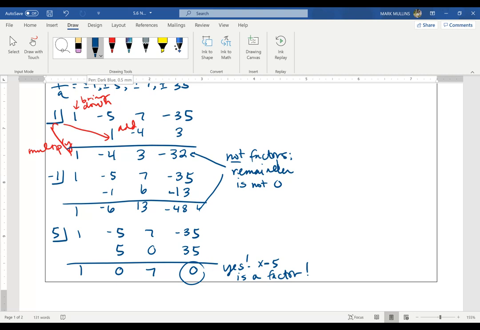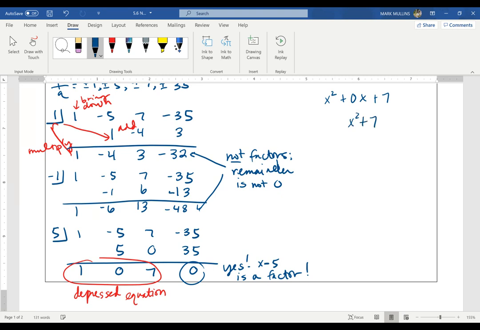So what I'm working with right here, the 1, 0, 7, that gives me a depressed equation. Since my original was cubed, now this depressed equation will be squared. So now I have x squared plus 0x plus 7, which is just really x squared plus 7.